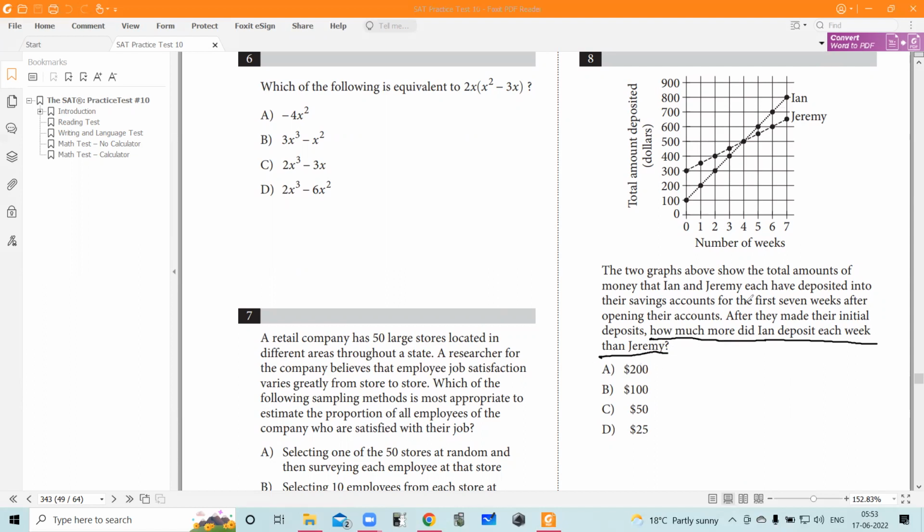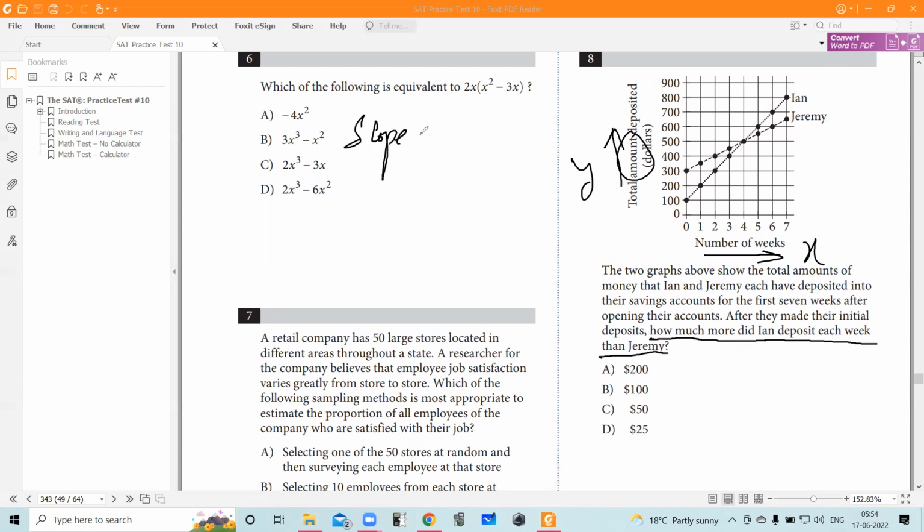Amount per week, amount is the y-axis, per week is the x-axis, so y over x is the slope. What will be the slope of Ian's line? You can take any 2 points and check.